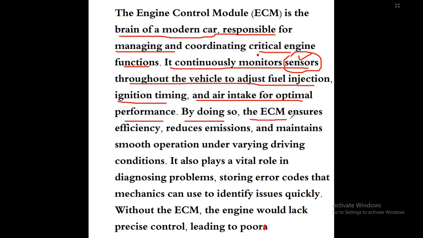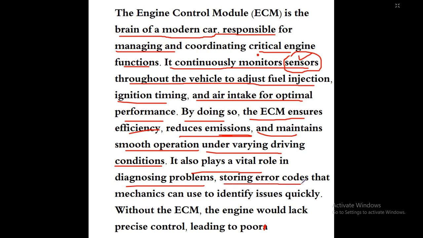By doing so, the ECM ensures efficiency, reduces emissions, and maintains smooth operation under varying driving conditions. It also plays a vital role in diagnosing problems, storing error codes that mechanics can use to identify issues quickly. Without the ECM, the engine would lack precise control, leading to poor performance.